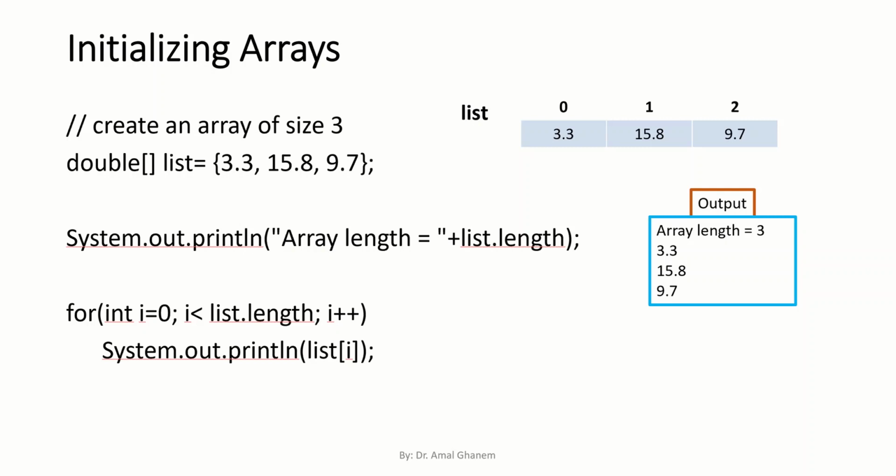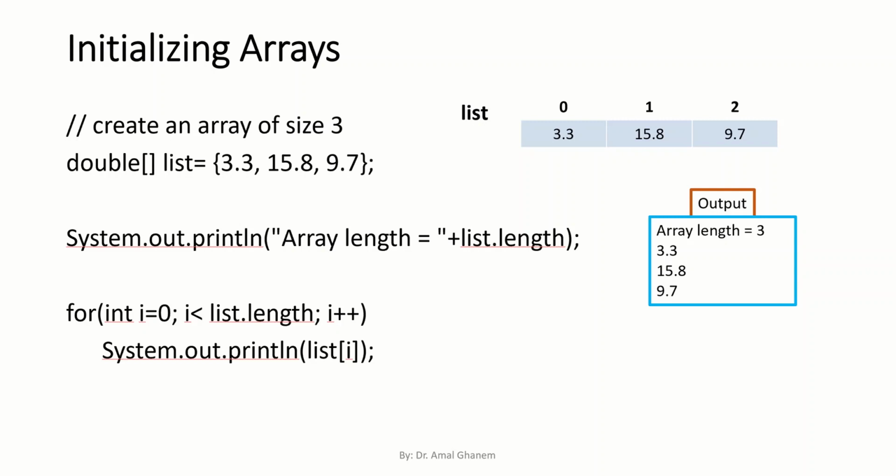And you can also use it within your loop: for i equals 0, i less than list.length. What are the elements? list[i]. So going from 0 up to the length, which is 3, you will output the elements, which are 3.3, 15.8, 9.7, saved in your array. In many examples, especially output examples, you may find that they create and declare the array at the same time.